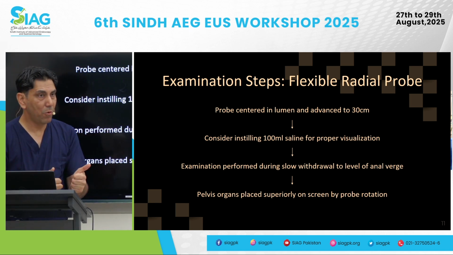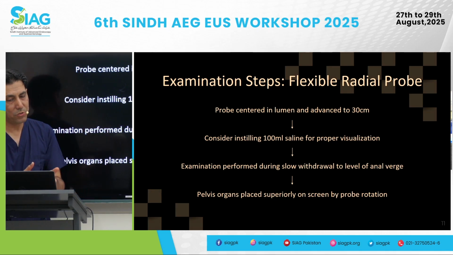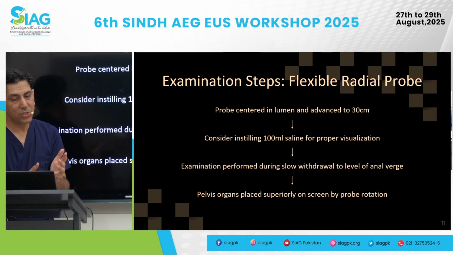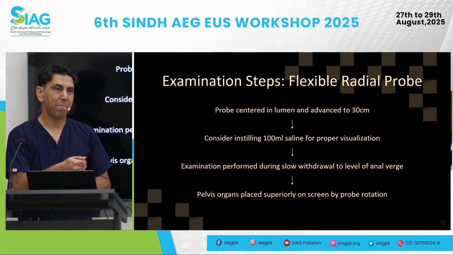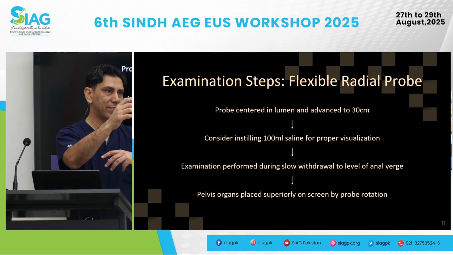So probe in the center of the lumen, inflate the balloon, advance to 30 centimeters, instill water if you need to, and then the examination is performed. So we go up 30 centimeters and then gradually withdraw. On withdrawal, not going in. So rectum and then the anus.